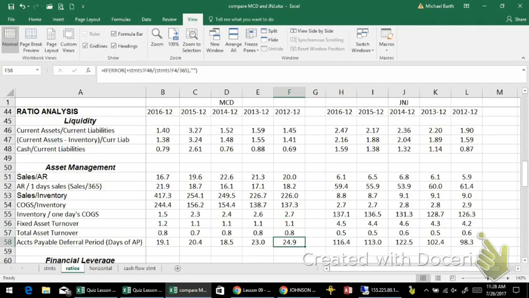So about 20 days here, and for Johnson & Johnson, again, just like with the inventory, it is over 3 months, closer to 4 months for them, which the accounts payable help to fund the inventory and the accounts receivable. So we see a big difference in these two firms in the liquidity and the asset management.